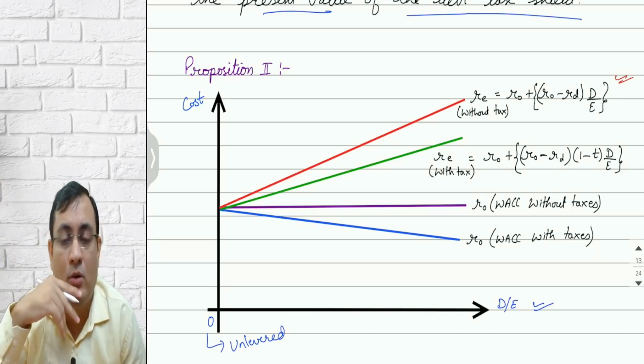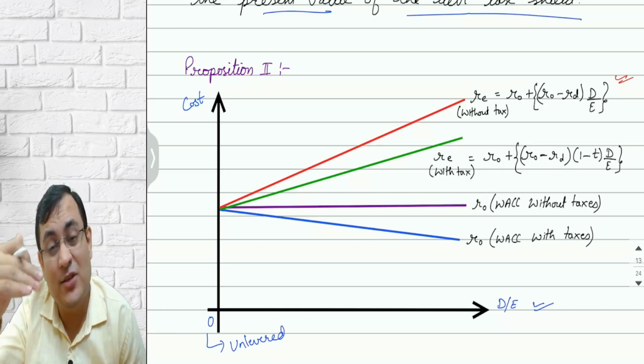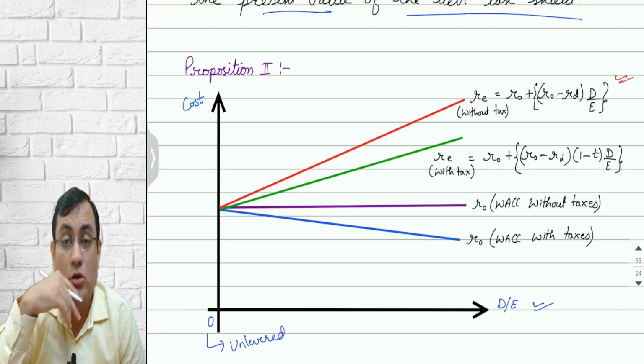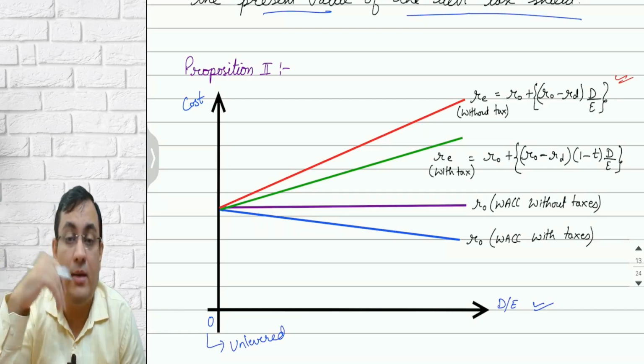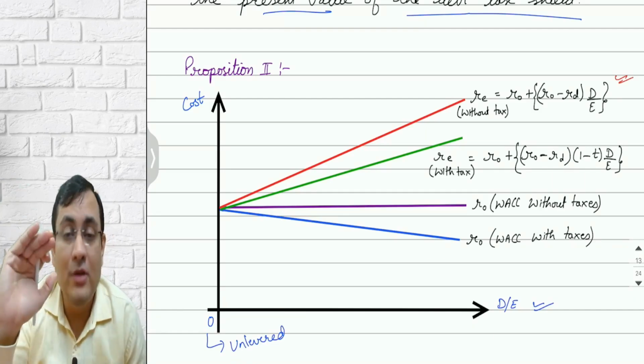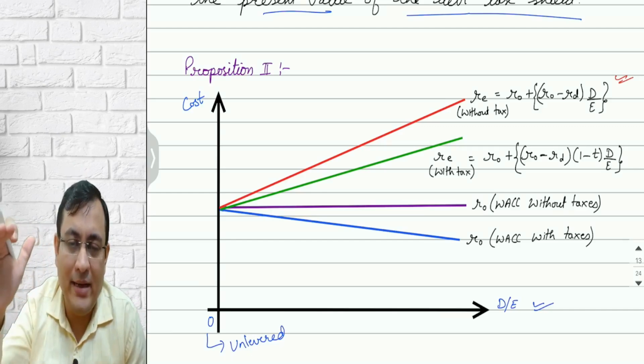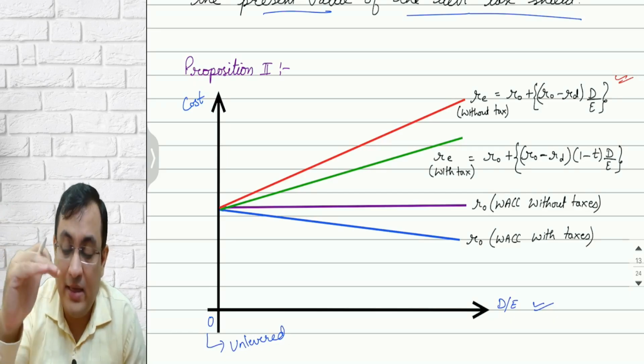They will ask for more reward, so their expectation will increase. Of course, your cost of equity should slope left to right upward, which it does, but that increase will be at a slower pace. That is why the green line is lower than the red line.